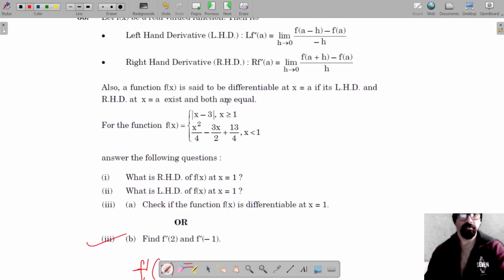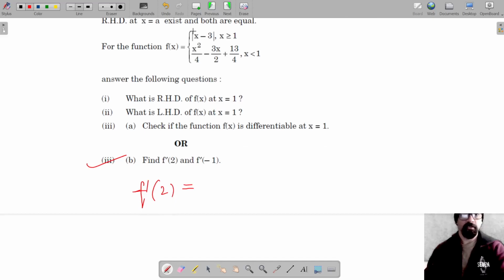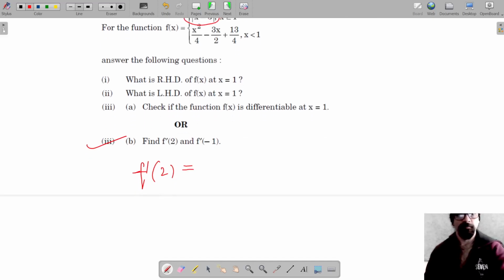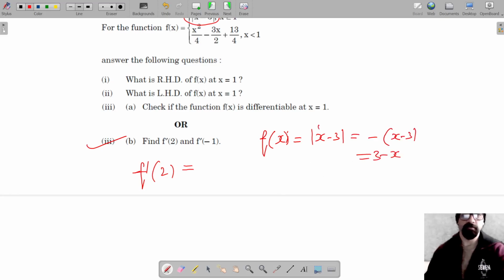Now 2 is greater than 1, so our function is x modulus of x minus 3, and x minus 3 is negative, so it becomes negative of x minus 3, which is 3 minus x, because for this to be positive it has to be negative.